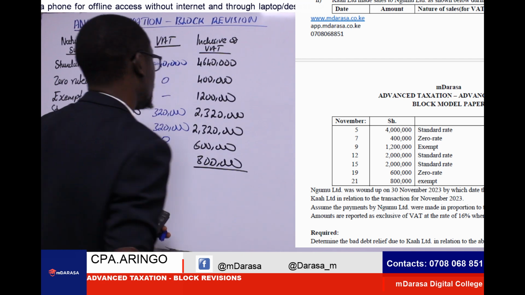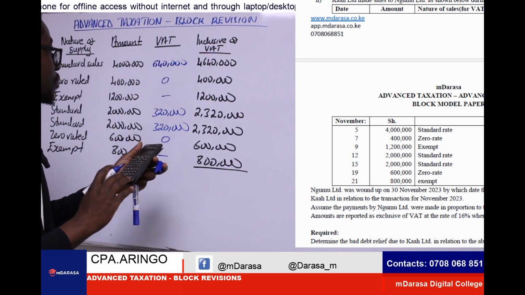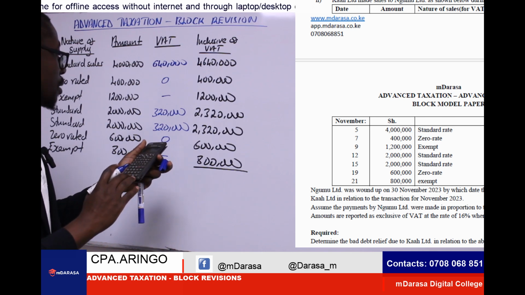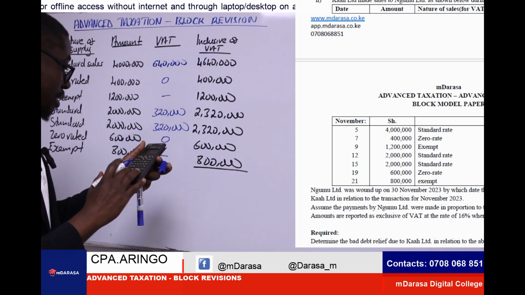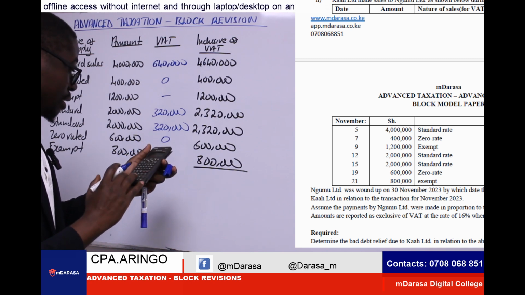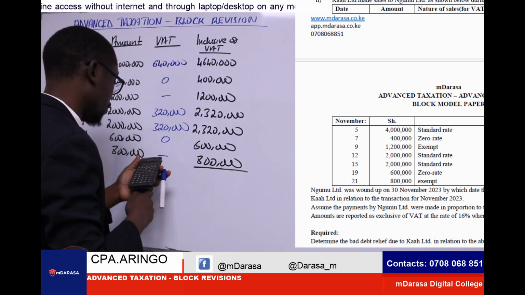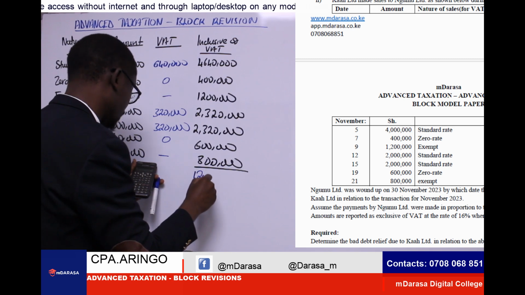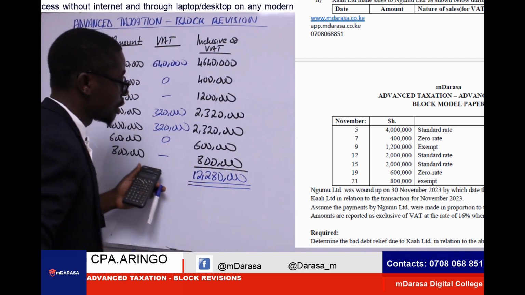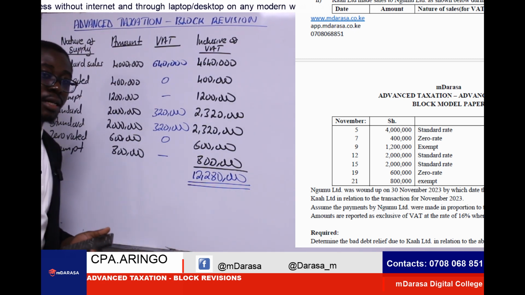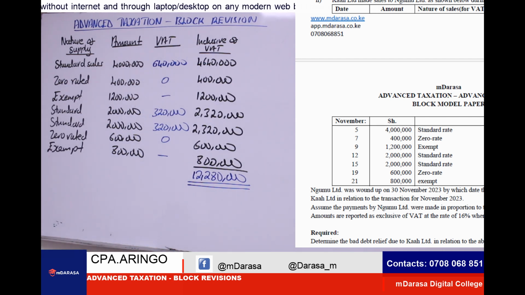If we sum this up, 4,640 plus 400,000 plus 1.2 million plus 2,320 plus 2,320 plus 600,000 plus 800,000, at the end of the day we get a total of 12,280,000. This is the amount that our debtor was owing us.